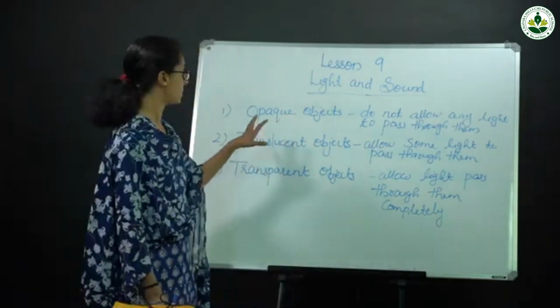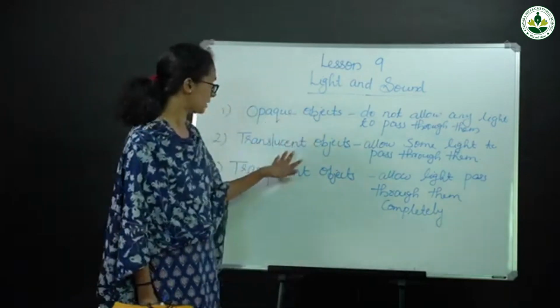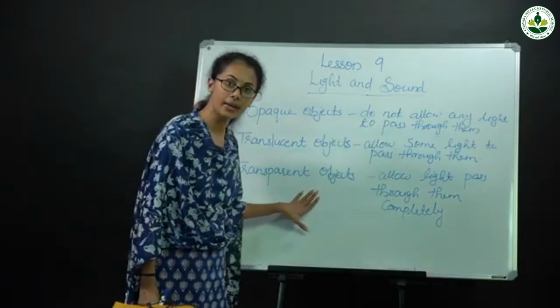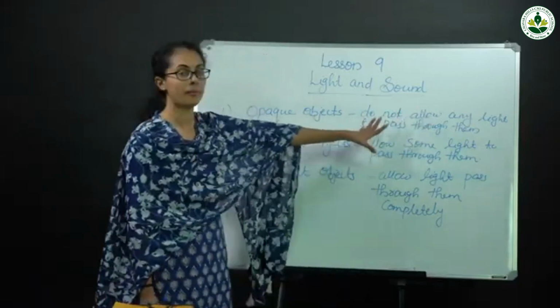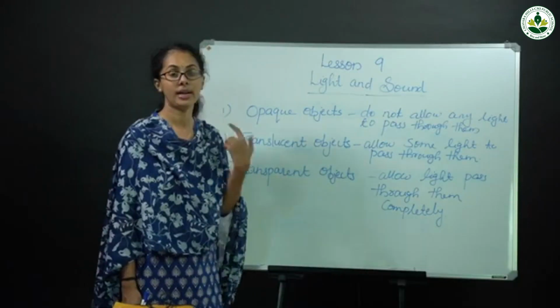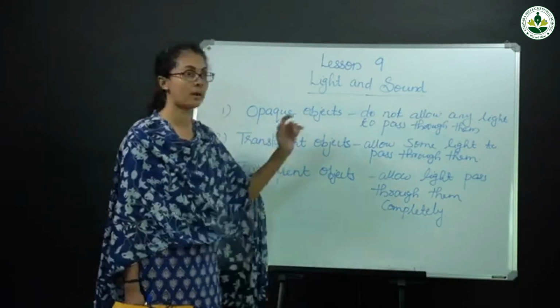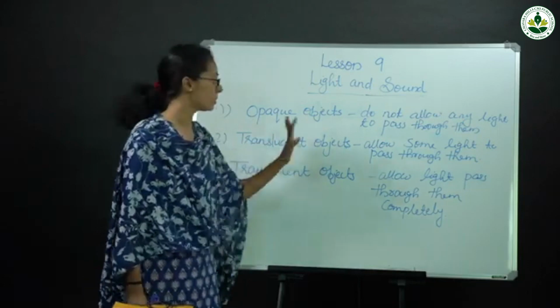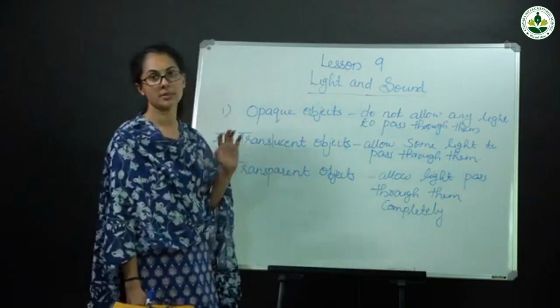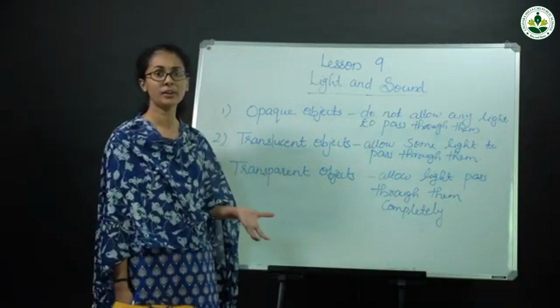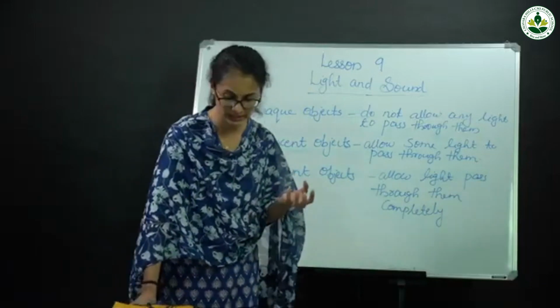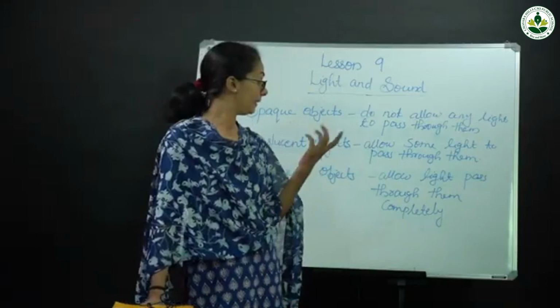So, three types of objects: opaque, translucent, and transparent. Opaque objects do not allow any light to pass through them, like a wooden table, chairs, and textbook. Translucent objects allow some light to pass through them, like some plastic, colored glass, and dirty water.